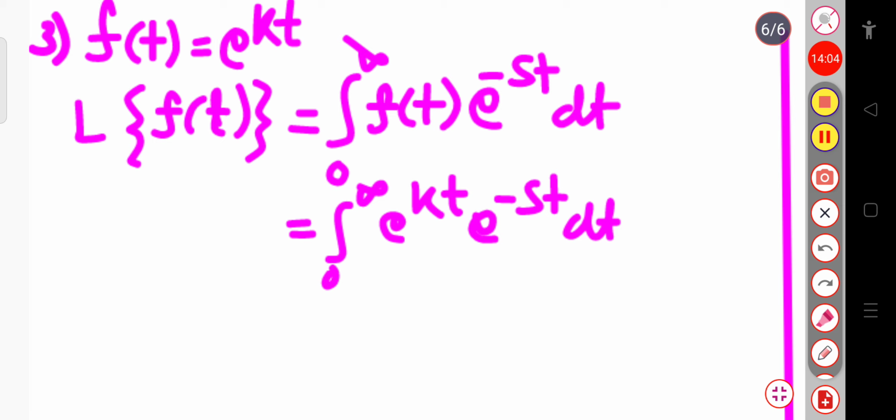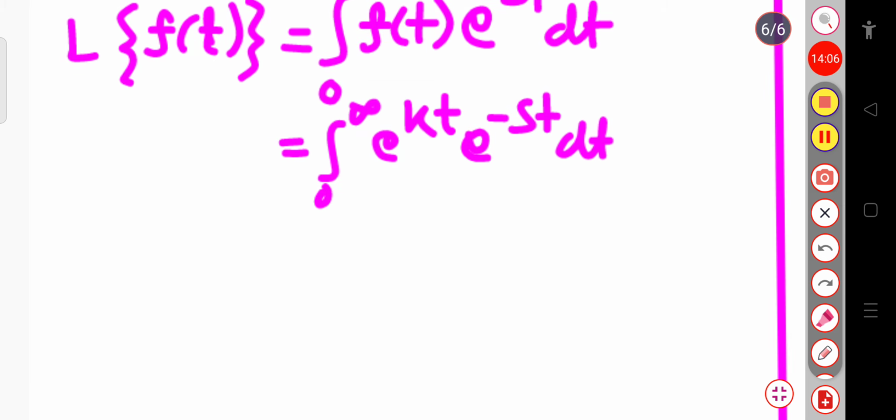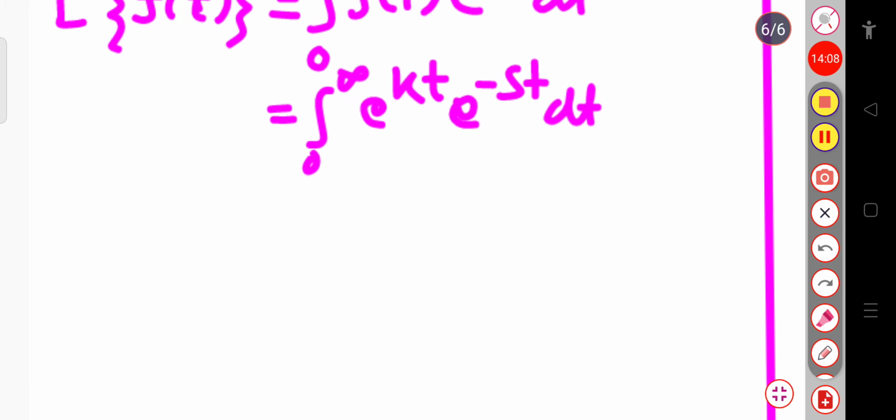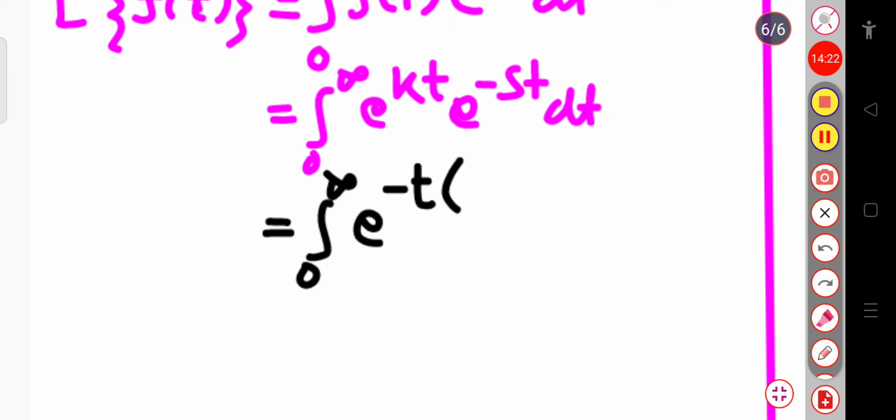Okay, now we will solve the integration, that is equal to 0 to infinite. The exponential powers will get added, that is kt plus minus of st. If I take the common minus t, then this will be equal to minus t into s minus k into dt.